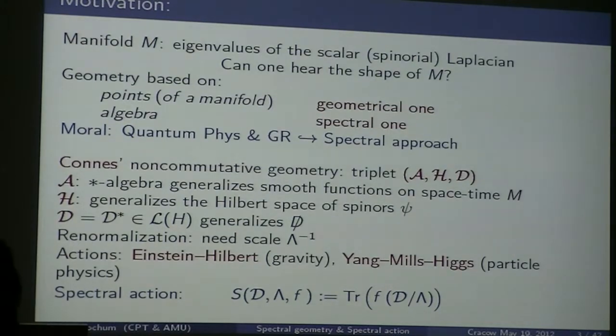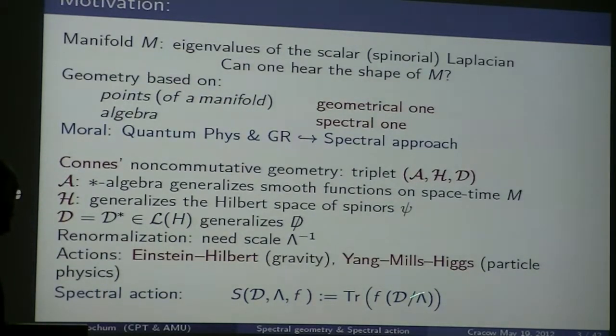So here, all these actions will be replaced by the so-called spectral action, which is defined by something which depends on D, on your scale parameter here, and a function f. We'll see that this f is not essential, even if it's a simple definition, which is just the trace of f of D over lambda.